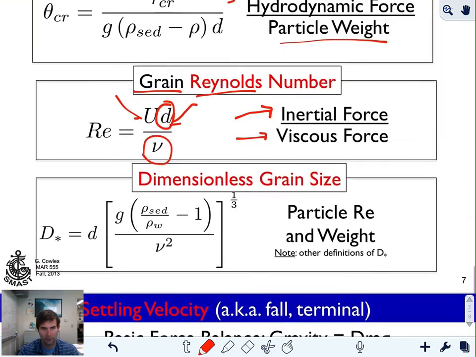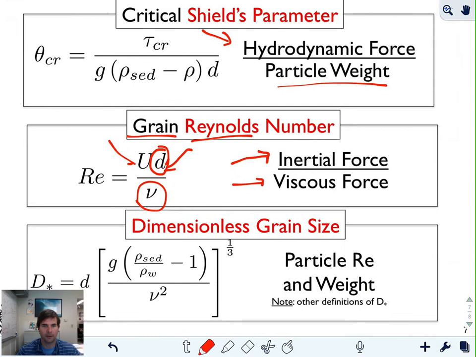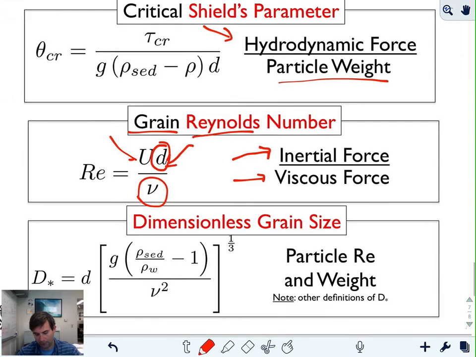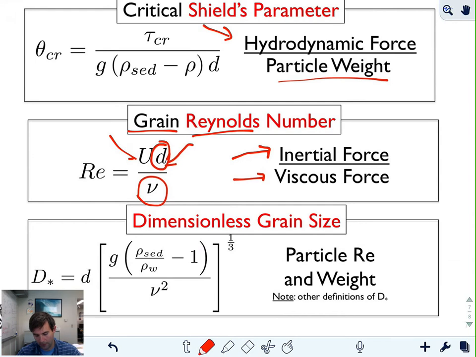And then the last category of these dimensionless numbers is grain size. This is commonly used in many of the sediment transport relations. There isn't an official dimensionless grain size. Sometimes you see this third, sometimes you don't, so you have to be a little bit cautious about that. But this relates the particle Reynolds number and the particle weight.